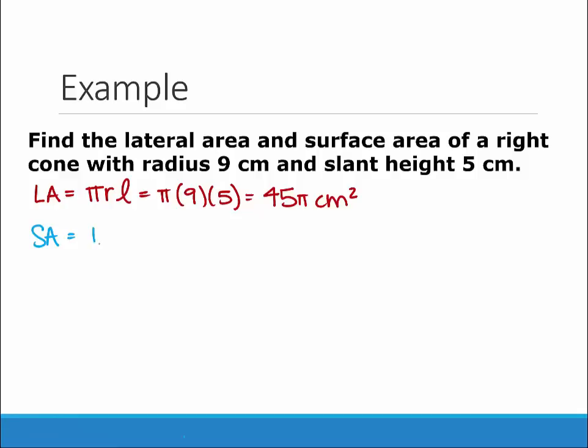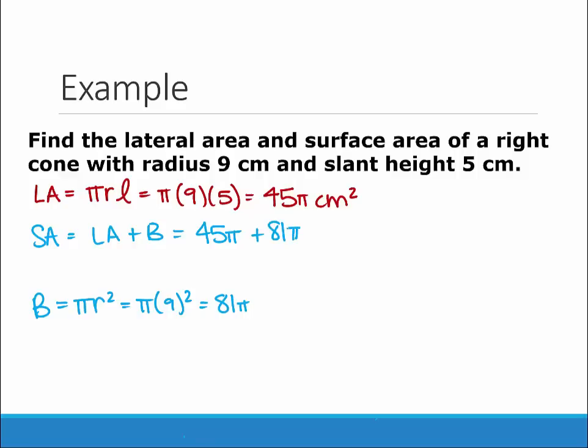So surface area is lateral area plus a base. So we know we have 45 pi so far. And then our base is pi r squared. So pi times the radius squared is 81 pi. So when we add those two things together, we end up with 126 pi centimeters squared. So those are your two answers.